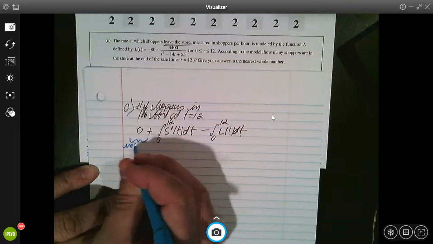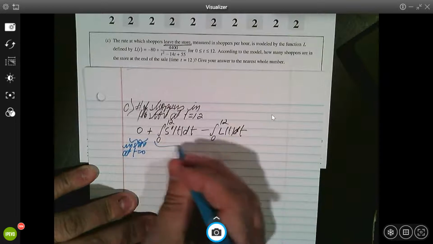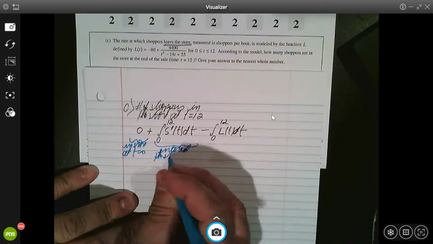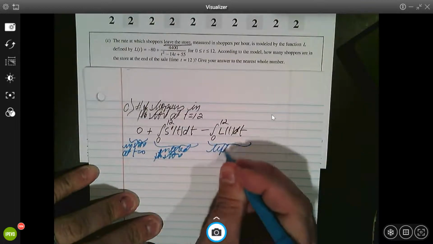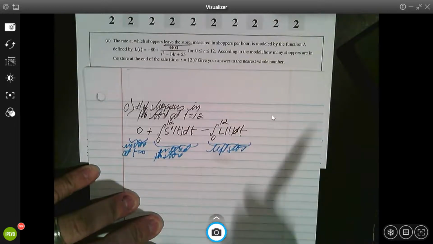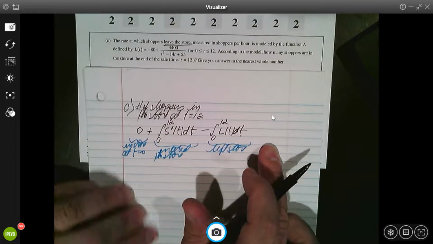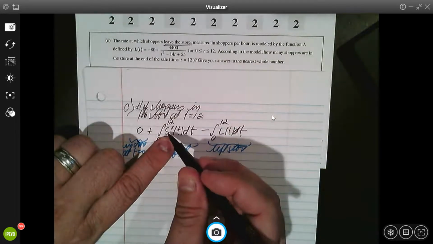Let me label this. This is in store at t equals 0. This is entered the store from t equals 0 to t equals 12. And this is left the store from t equals 0 to t equals 12. And you can plug all of this into the calculator. You have a function for the derivative, so you can evaluate that.